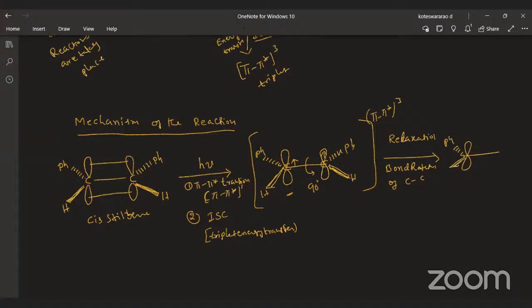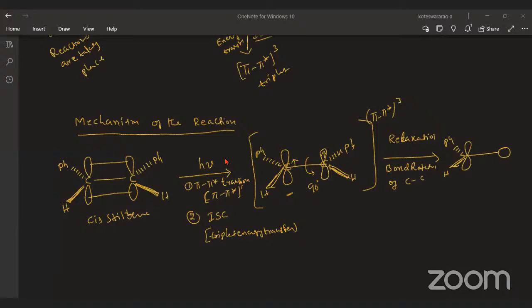But when it is rotating 90 degrees, how is it appearing?